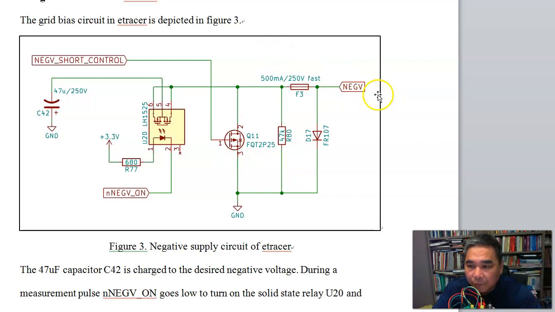But if we have a very high resistance in the grid bias path, we will need to use a separate resistor for each section. Otherwise, the grid current will affect the bias mutually.